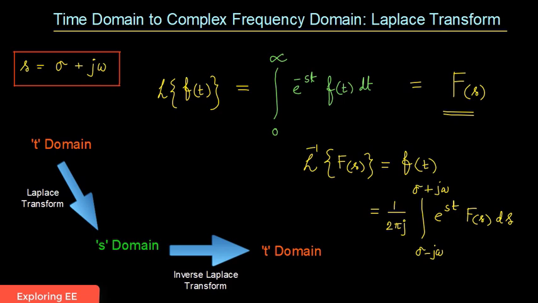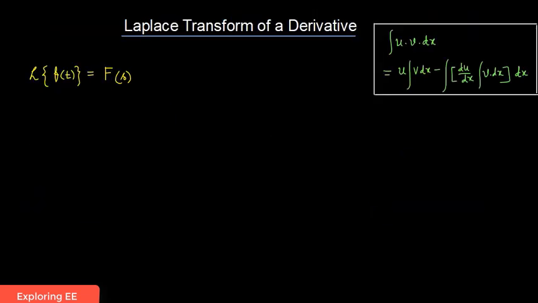Let us see the Laplace transform of a time derivative of the function f(t). From the definition of Laplace transform, we have L of f(t) equal to capital F of s, which is given by the integration from 0 to infinity of e to the power minus st f(t) dt. Now there are two functions multiplied, one is e to the power minus st, another is f(t).